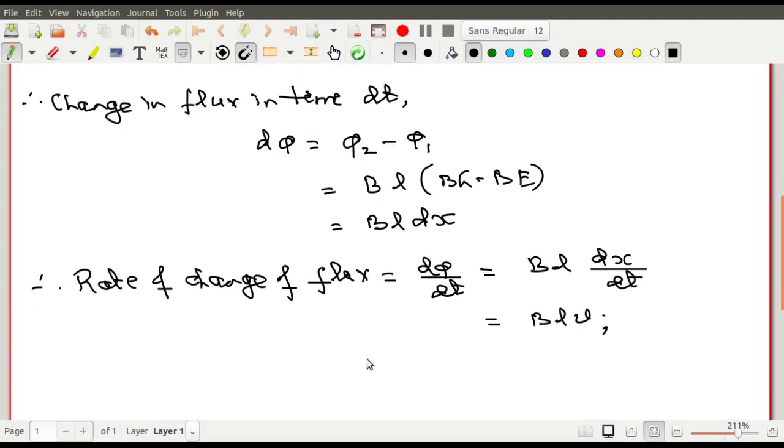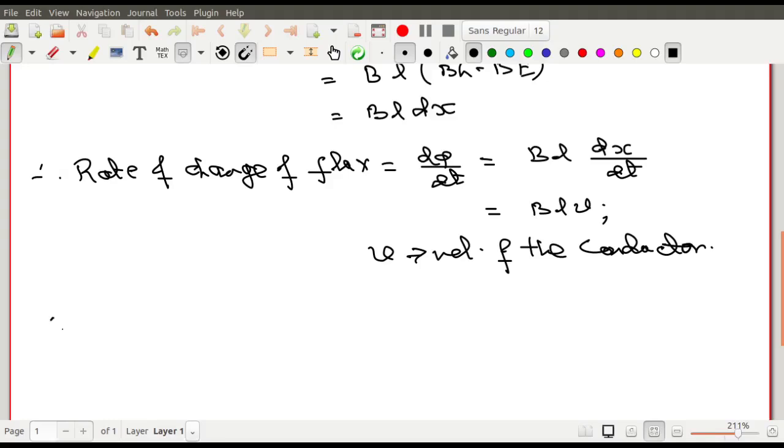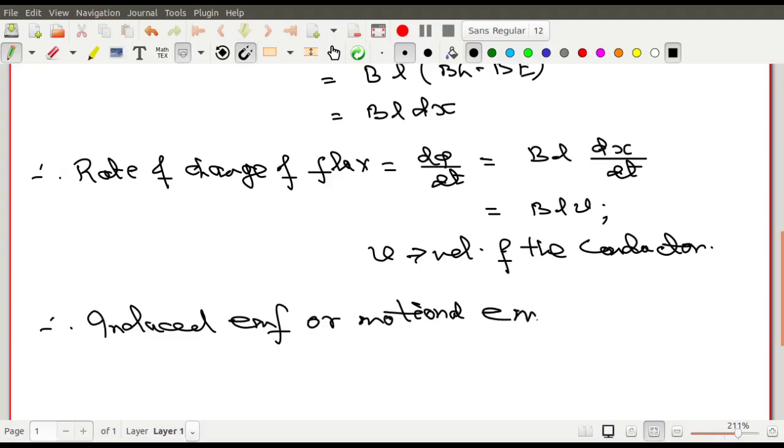So where v is what? v is the velocity of the conductor. So therefore induced EMF, or the motional EMF. So what is the induced EMF between the two ends of the conductor? Induced EMF is called motional EMF because the conductor is moving. যেহেতু কন্ডাক্টরটা মুভ করছে সেজন্য এটাকে বলা হয় মোশনাল ইএমএফ.